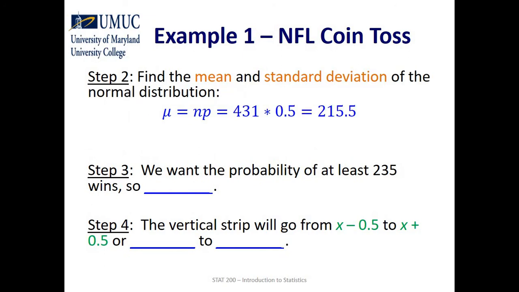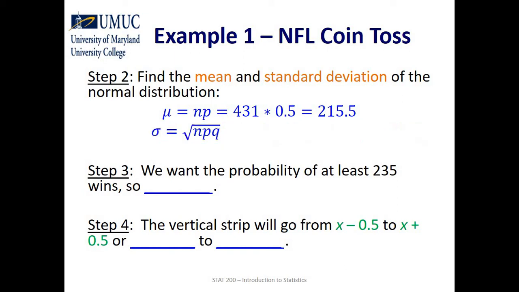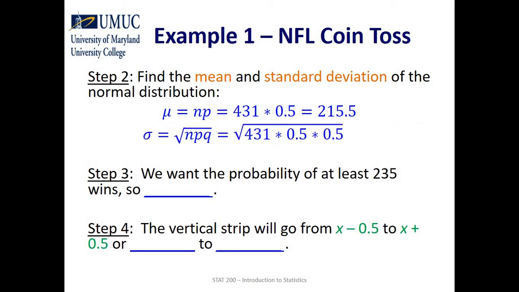The next step is to find sigma, which is equal to the square root of n times p times q, which is the square root of 0.5 times 0.5 times 431, which I'm pretty sure is equal to 10.38. You can check my math if you don't believe me.